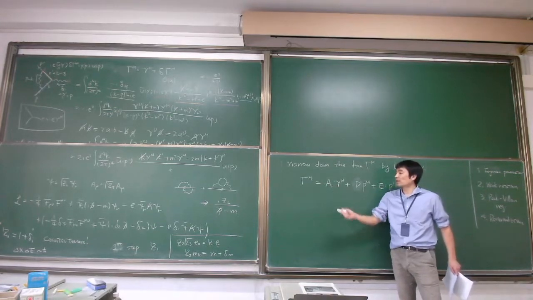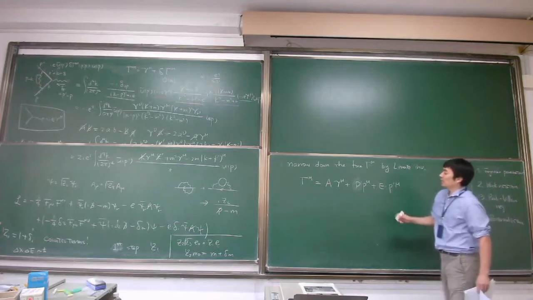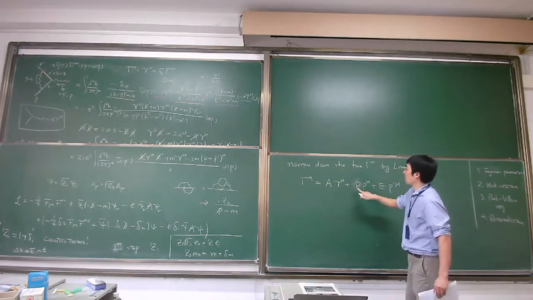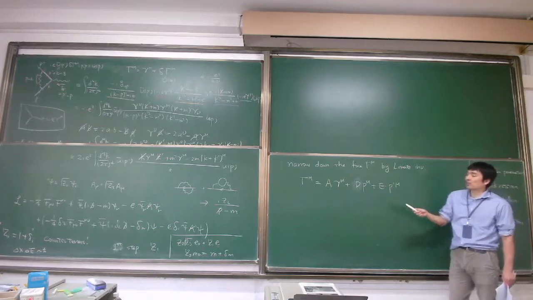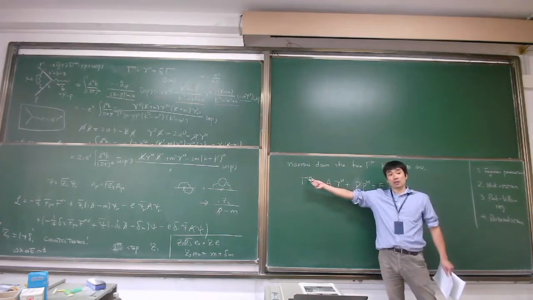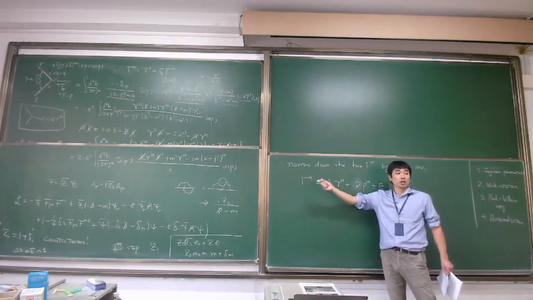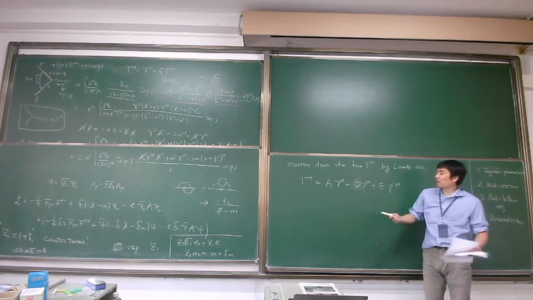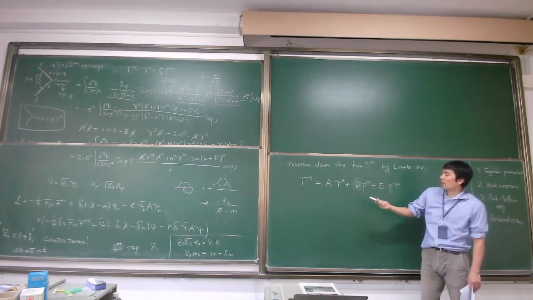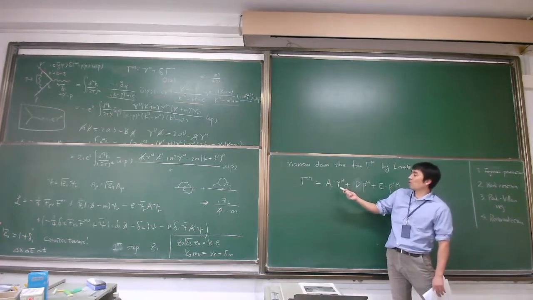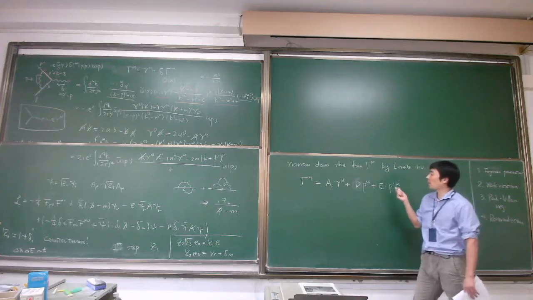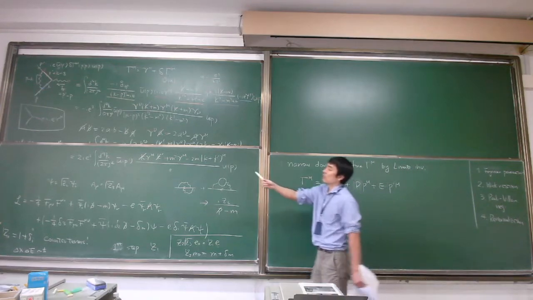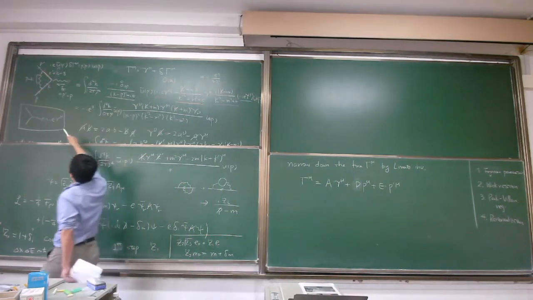There is a possibility. In any case, D and E are some numbers. In any case, Lorentz invariance tells you that this should be a four-vector under Lorentz transformation, and it should depend on p and p prime. So we can just write down the most generic form of this gamma mu as some function of p and p prime, and it also depends on gamma mu.